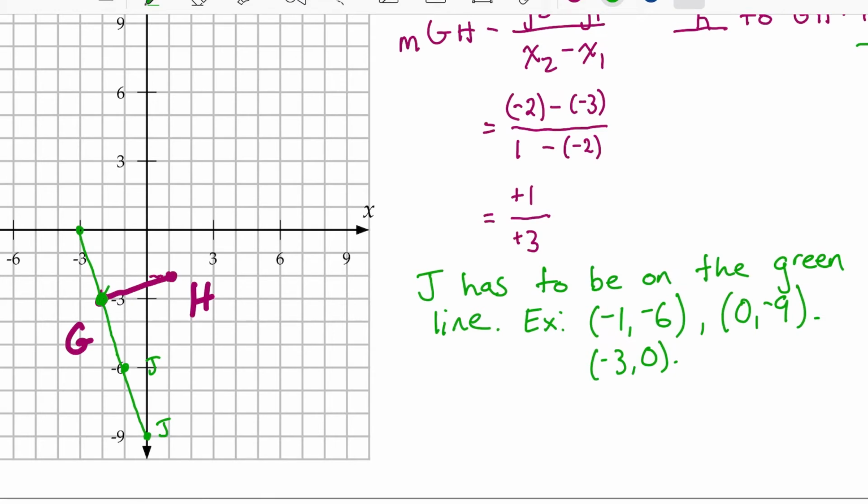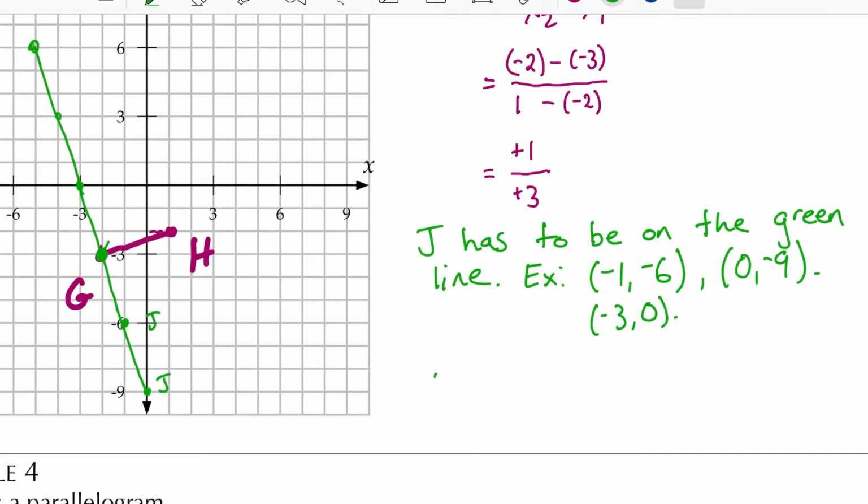But one of the things that we can do is write the equation for the green line. We can write the equation using our formula y equals mx plus b. And we know the slope of the green line is -3, and the y-intercept is right here at -9. So our formula would be y equals -3x subtract 9.